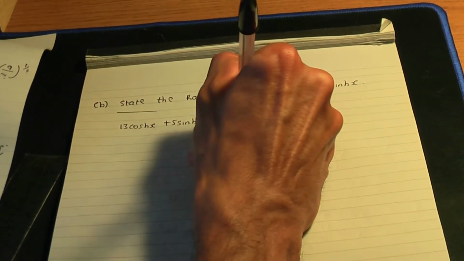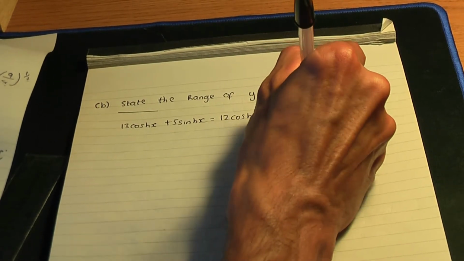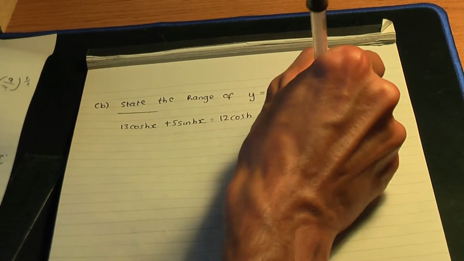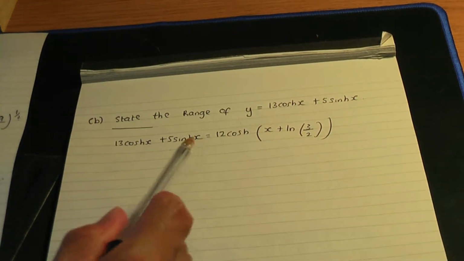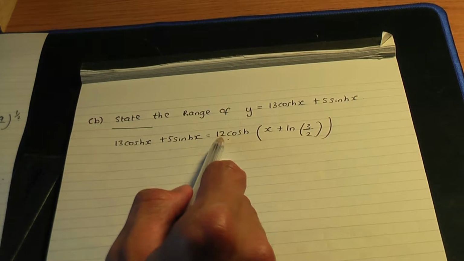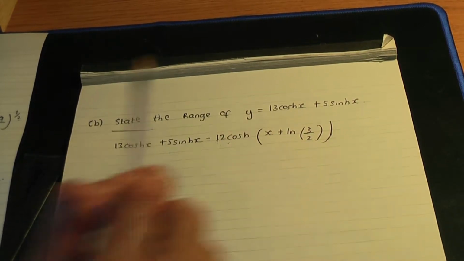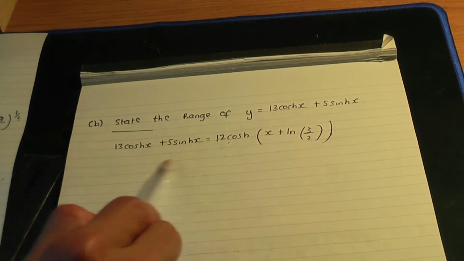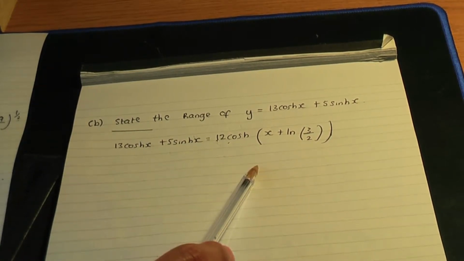So we had 12 hyperbolic cos x plus ln 3/2. So if I show you a method to find the range of this expression on the right, that's the same as finding the range of this expression on the left, as these two expressions are equal to one another.